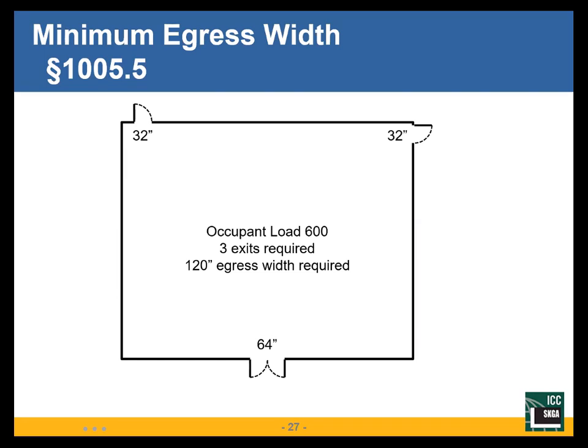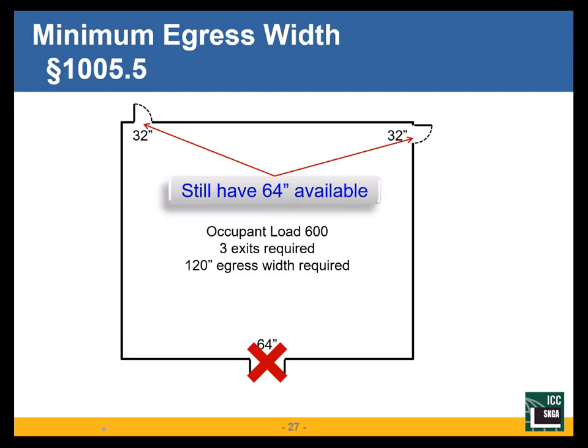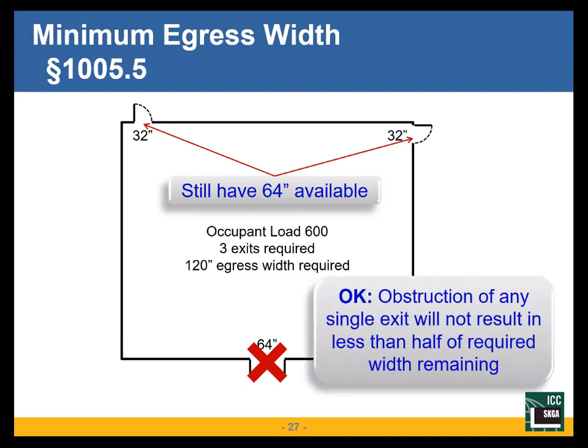The only one that makes a difference is the largest exit. So if that one's blocked, do I still have 50% available? I've got 64 inches. I needed 60, 50% of the 120. It works. That works great.